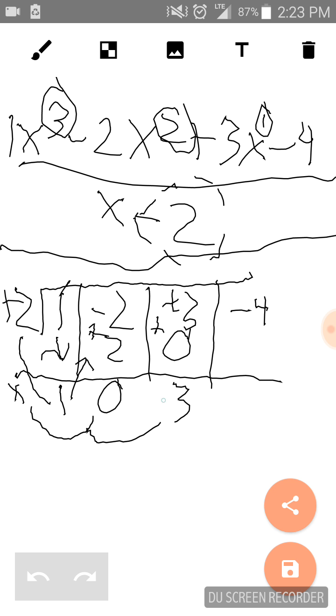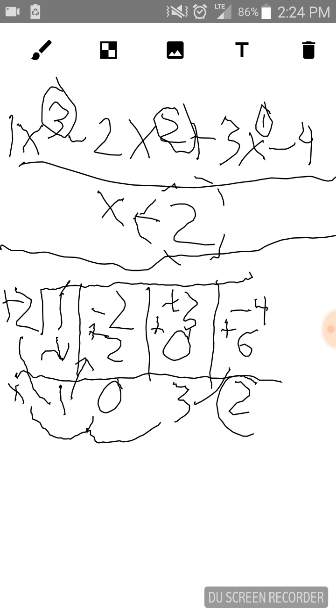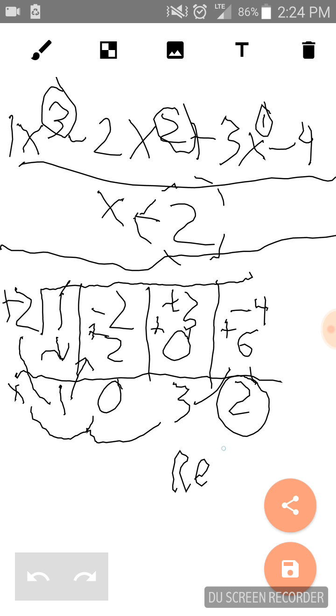Now you're going to do it again with the 2. 2 times 3 equals 6. The 6 goes up here. Negative 4 plus 6 equals 2. So this number at the end is what I like to call a remainder.